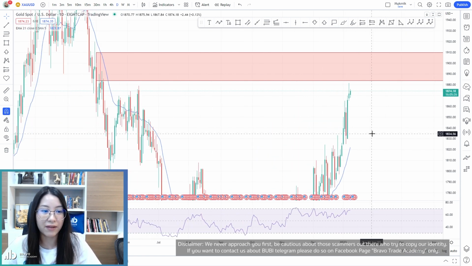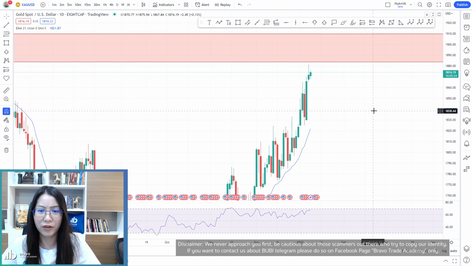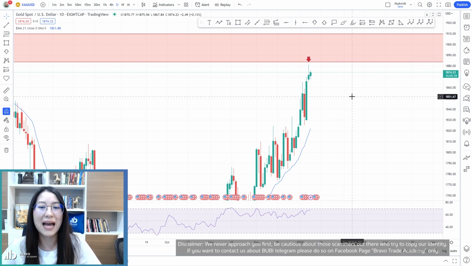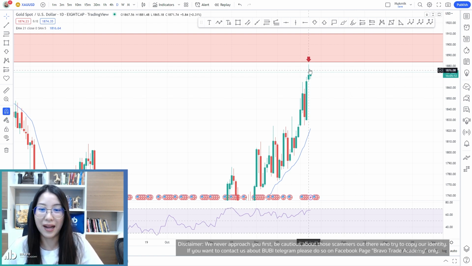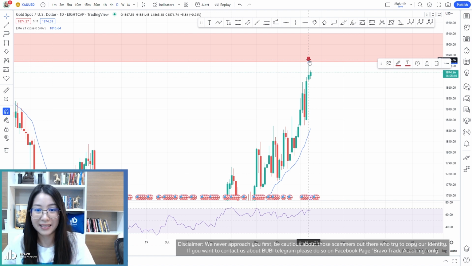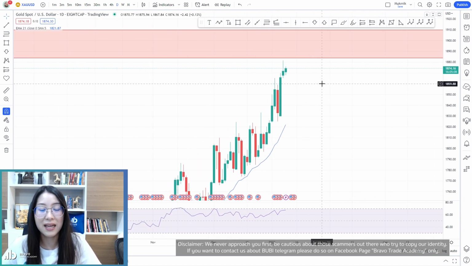In the daily time frame, we've got a candlestick from yesterday that is still a bullish one. So that means there is more chance that the price is going to continue going up. Okay, it's not even a reversal pattern or anything. So I would say we are still having the buying plans for you guys.